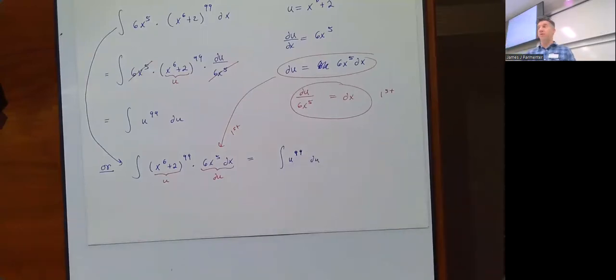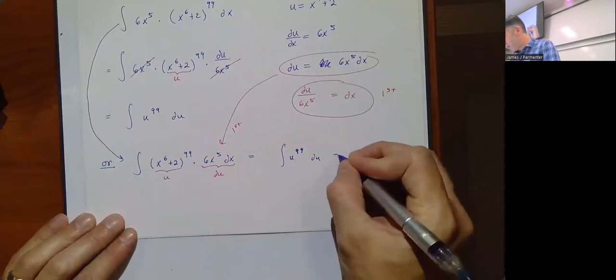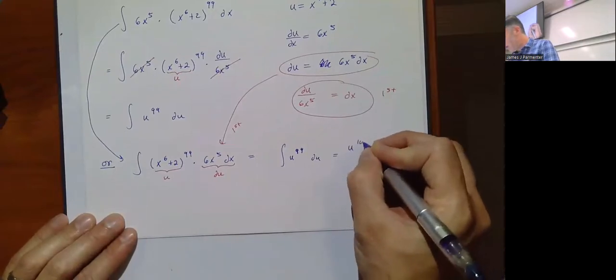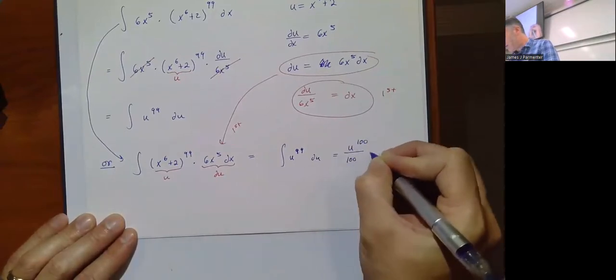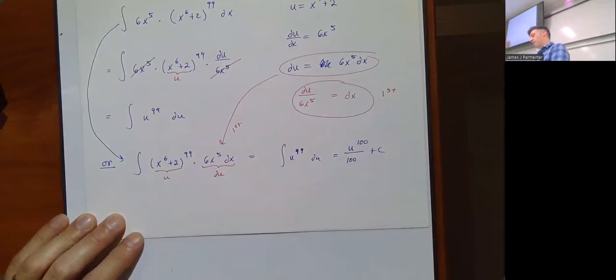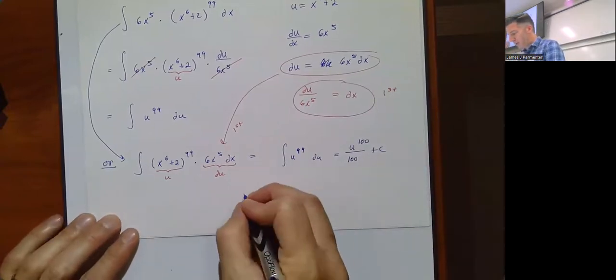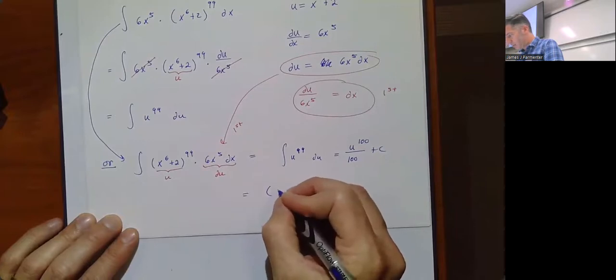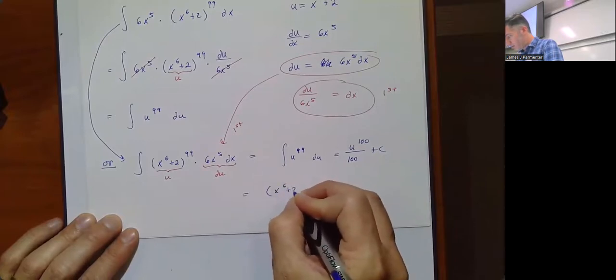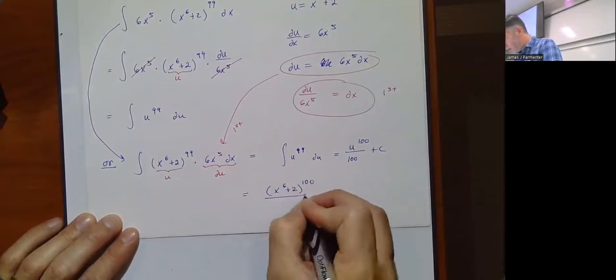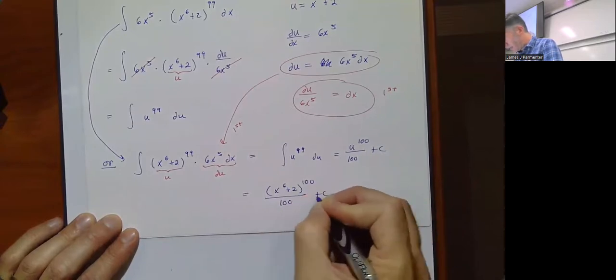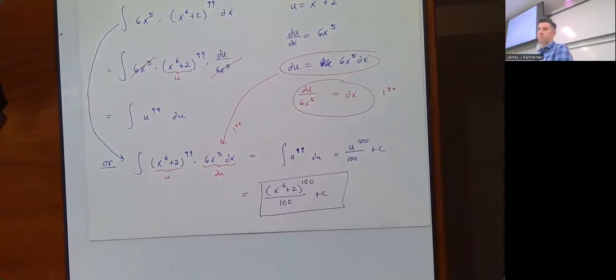Either way, I'm getting to the antiderivative of u to the 99th. And then we're going to use the anti-power rule and get u to the 100th over 100 plus c. And then we're going to plug in what u is, and we're going to get (x to the 6 plus 2) to the 100th power over 100 plus c. And that's our answer. We're done.